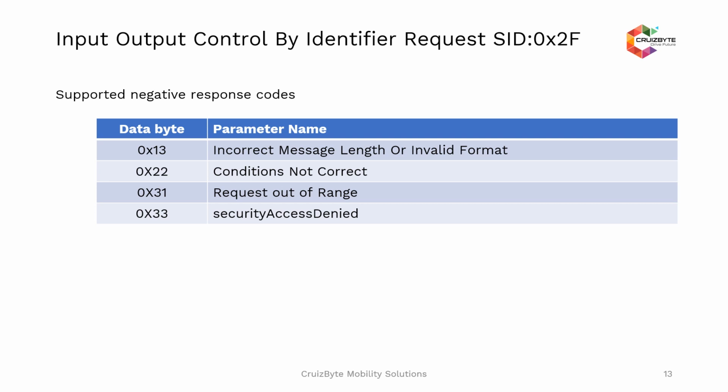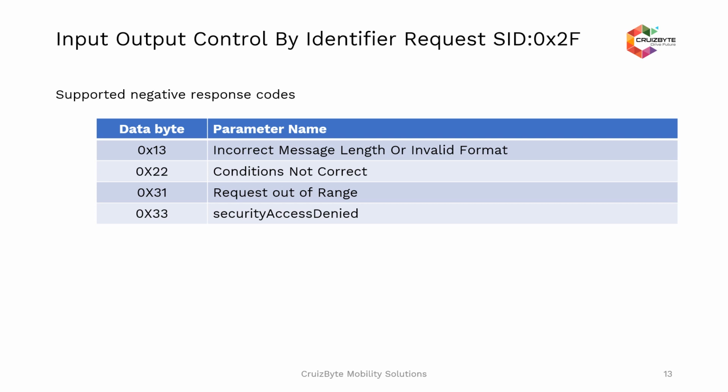The negative response in this case is incorrect message length or invalid format, with a response code of 7F followed by the NRC negative response code, or 0x22 condition not correct, and 0x31 request out of range. There could be n number of reasons for it.